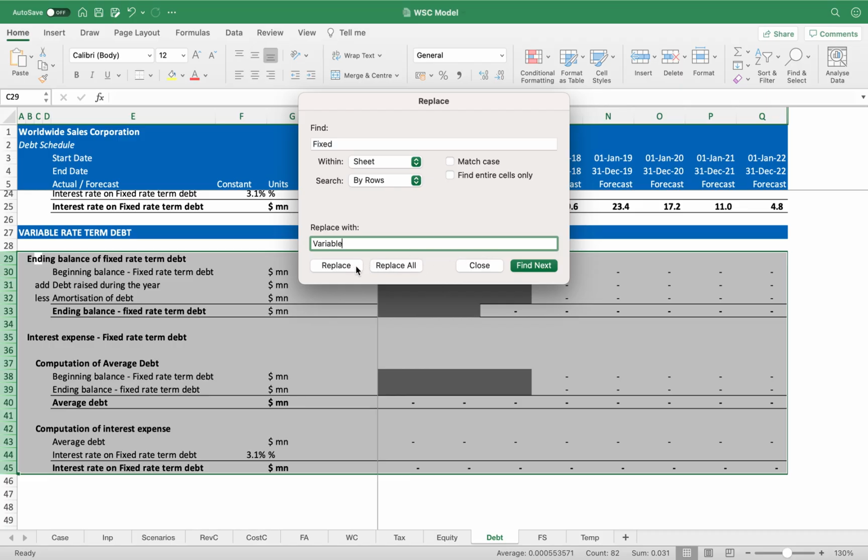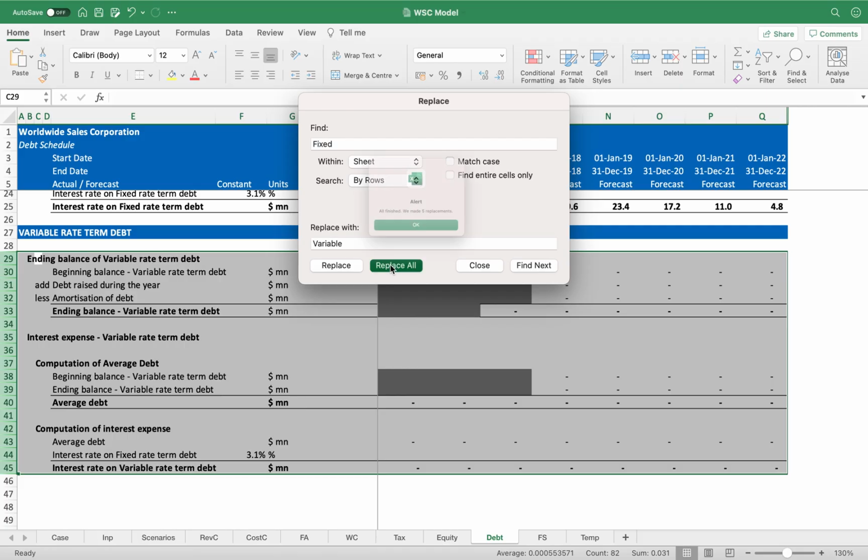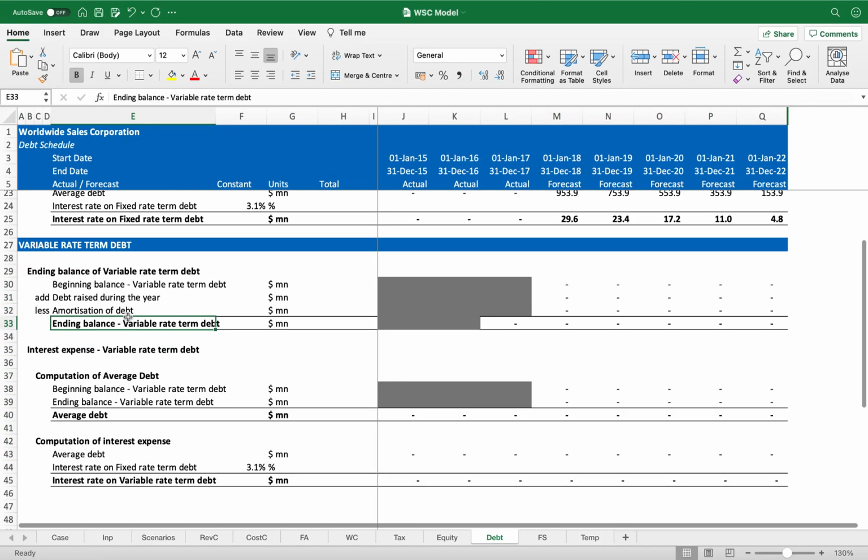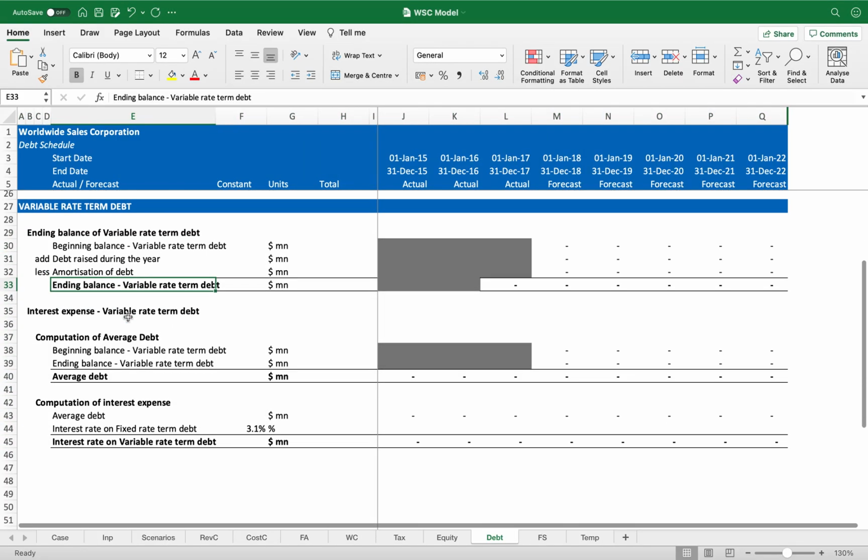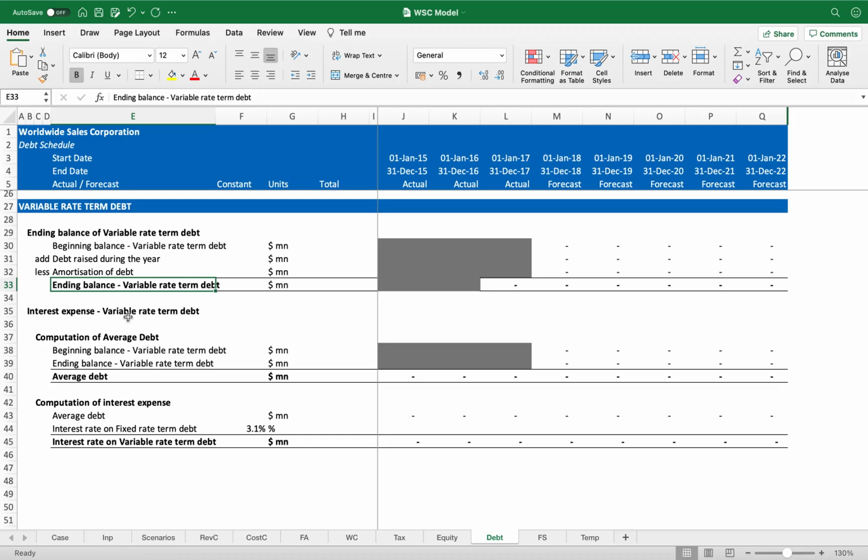Okay, so you will notice that wherever fixed was written, it changes to variable, right?